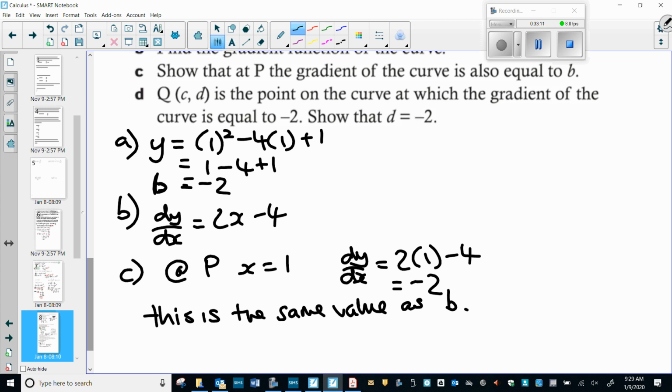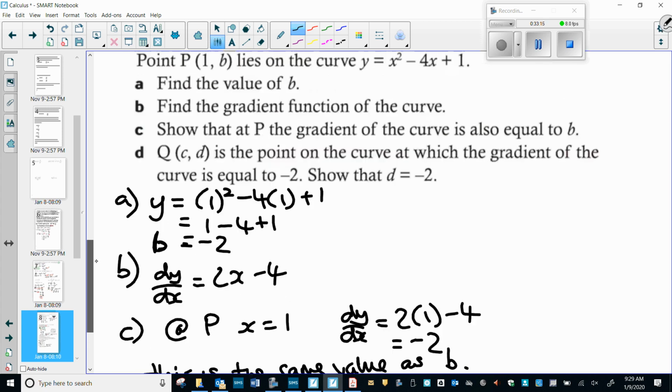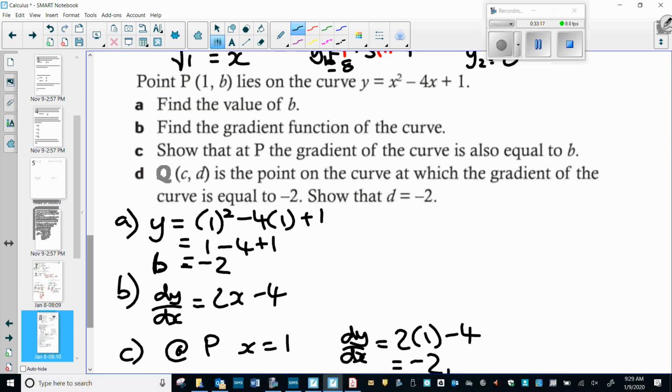Yeah. So, it says up here that the coordinate of point P is 1, b. What does b represent? Y. Yes? Funnily enough, we have a rule here that tells us what y is. That involves a value of x, and we can see the value of x is 1. So what we had to do was substitute this value 1 into this expression.